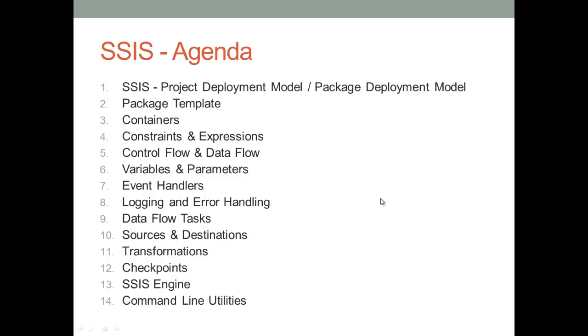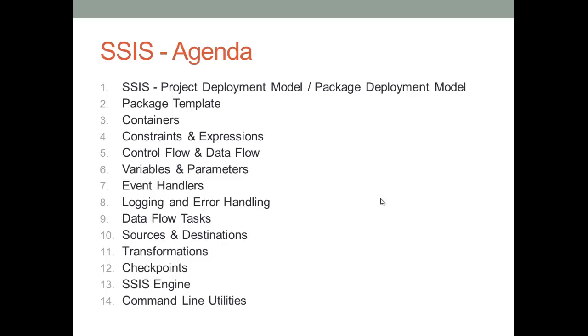And here is the agenda for this series for SSIS. We are going to talk about the project deployment model and the package deployment model. What is the difference between these two at the beginning? And then we are going to create a package template.